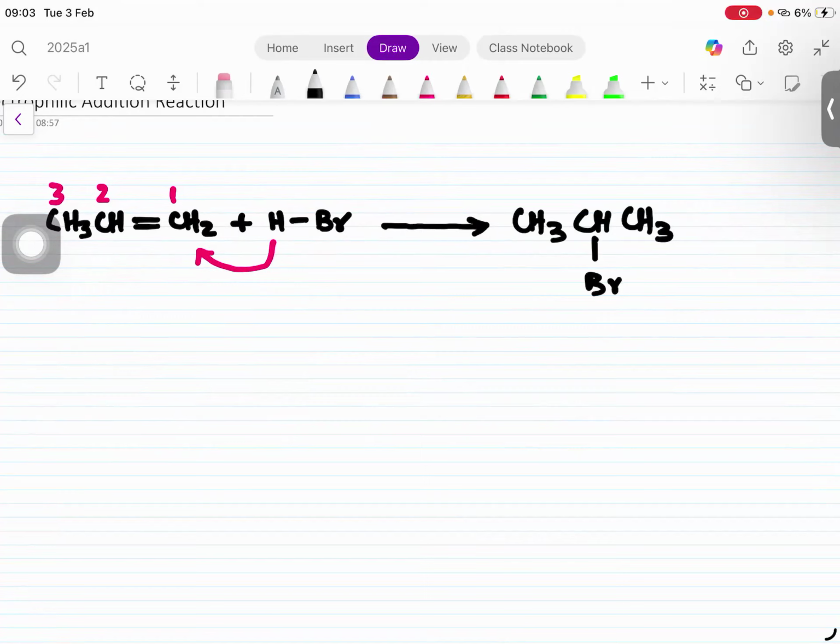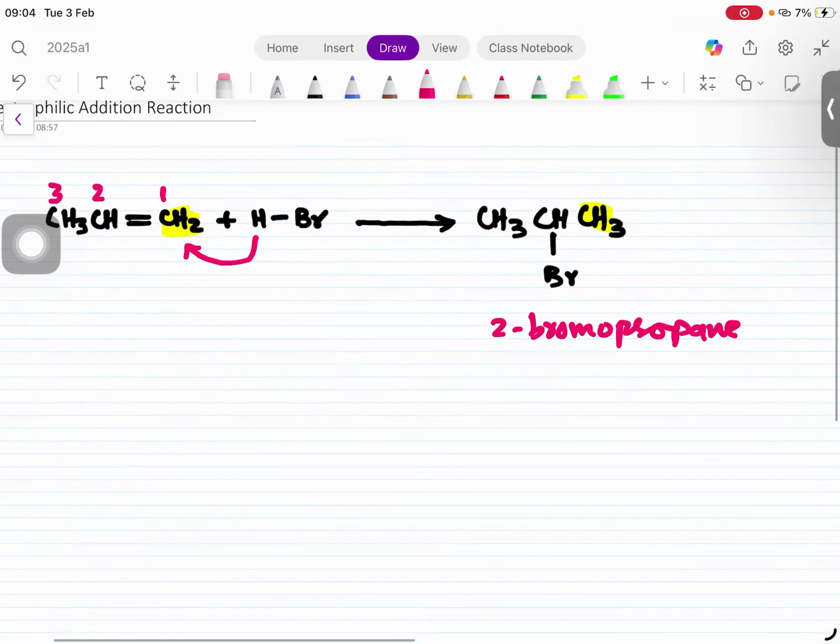Yes, if we attach it to carbon number 1, CH2 becomes CH3 here. You see, this was CH2, it becomes CH3, and Br goes to carbon number 2. So it's a 2-bromopropane. Similarly, we also said that there is a possibility that it goes the other way around.